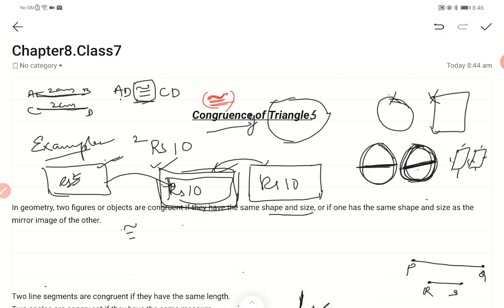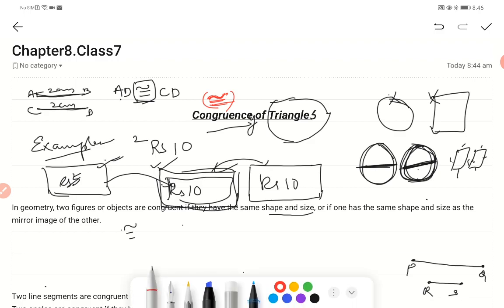Now what is the congruency of angles? I have two angles. What is an angle? An angle is formed whenever there is a line, and some other line intersects it at a certain point.